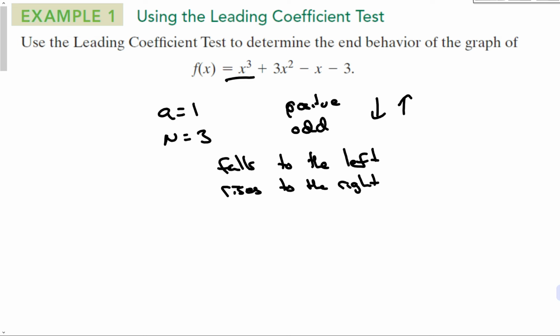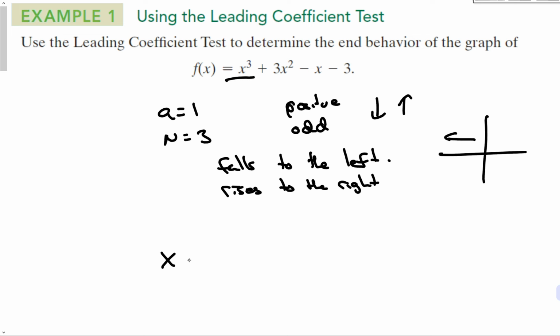When you're talking about what is happening at the end of a function, that is what is known as the limit. So let's take this one, falls to the left. As I move to the left of a function, if you think of a graph, as I'm going this way, further and further left, what's happening?